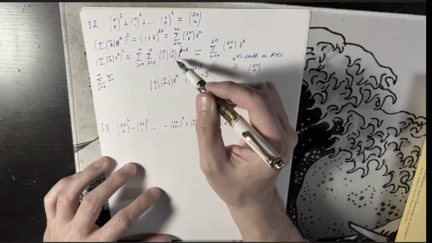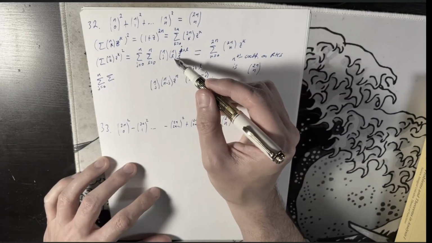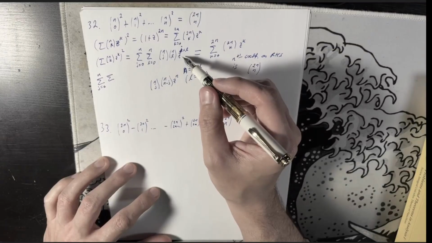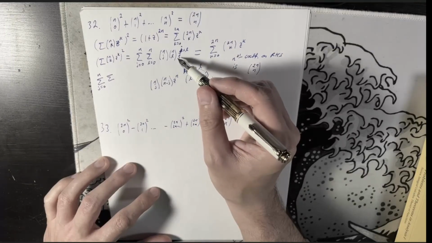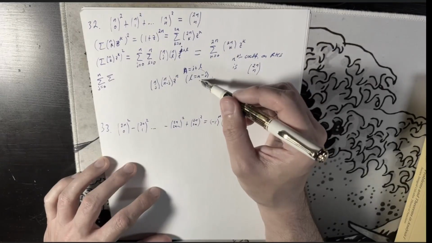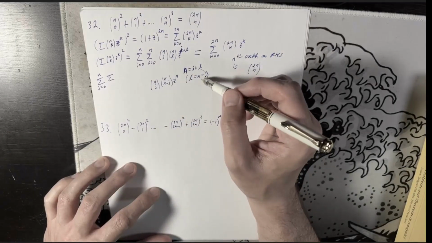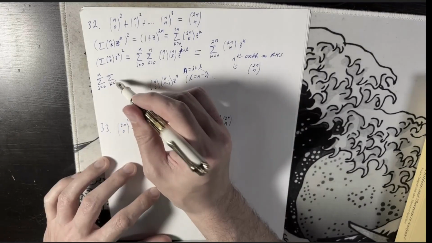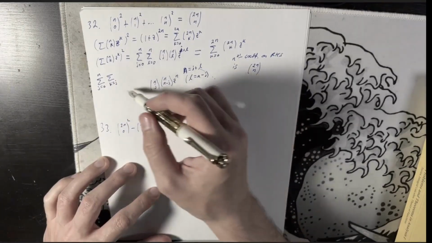And then the k, it's k minus j that goes from 0 to, so k goes from j to, it's confusing.